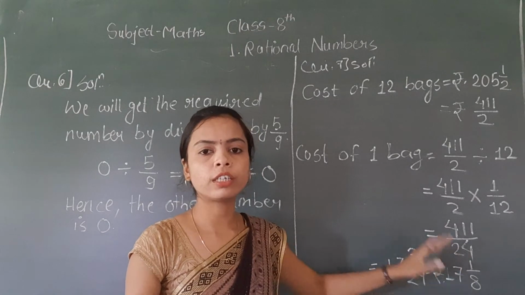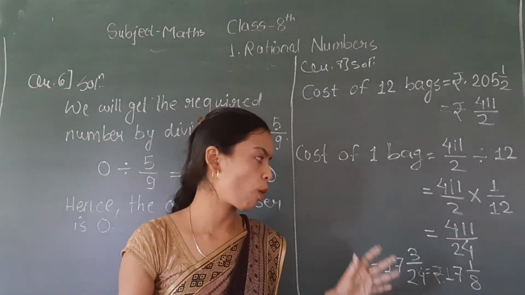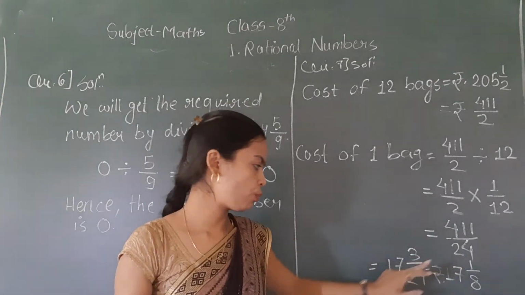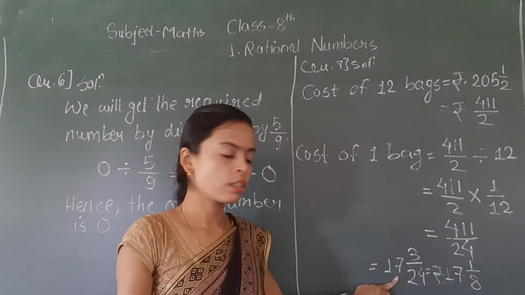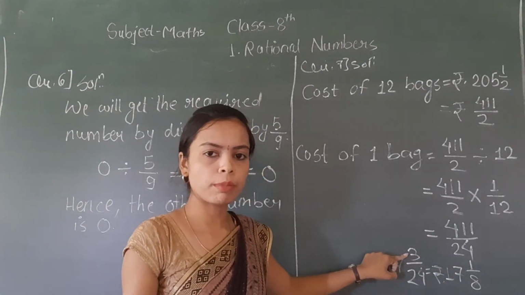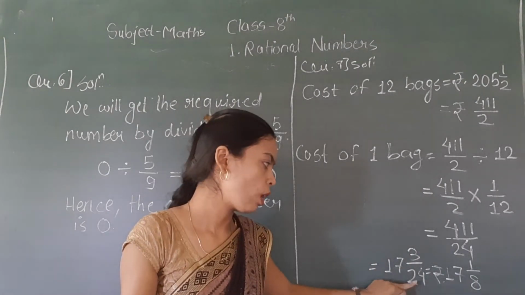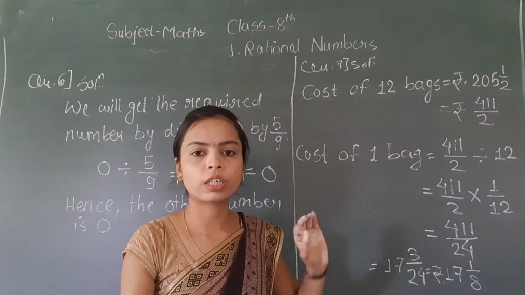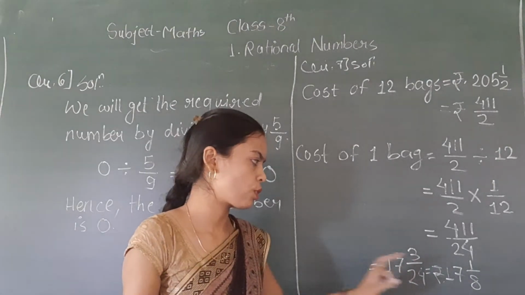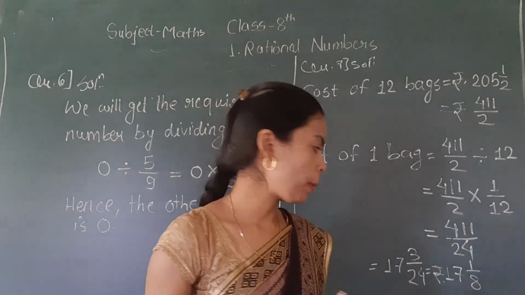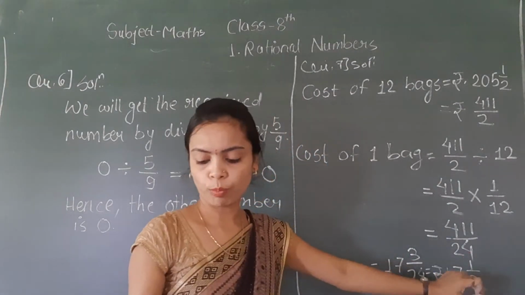It does not get converted into the shortest form, so we just divide 411 by 24. We write our quotient. After that 3 is the remainder, and in the denominator write the divisor, that is 24. After that 3 upon 24 can be written in the shortest form, that is 1 upon 8. So the final price for one bag is 17 1 upon 8.